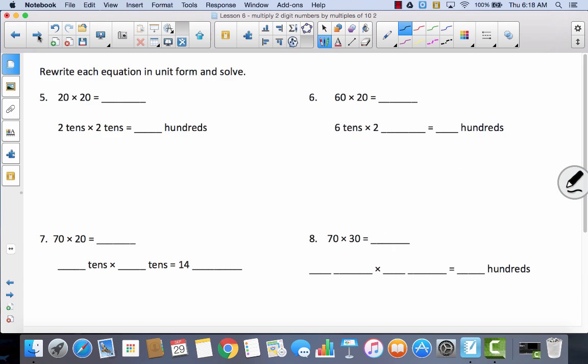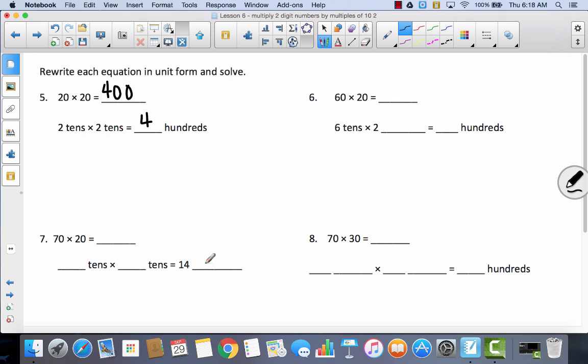So let's apply that to what we have now. We have 2 tens times 2 tens because 20 and 20 are each 2 tens. 2 times 2 equals 4. So 2 tens times 2 tens equals 4 hundredths, which is equal to 400.